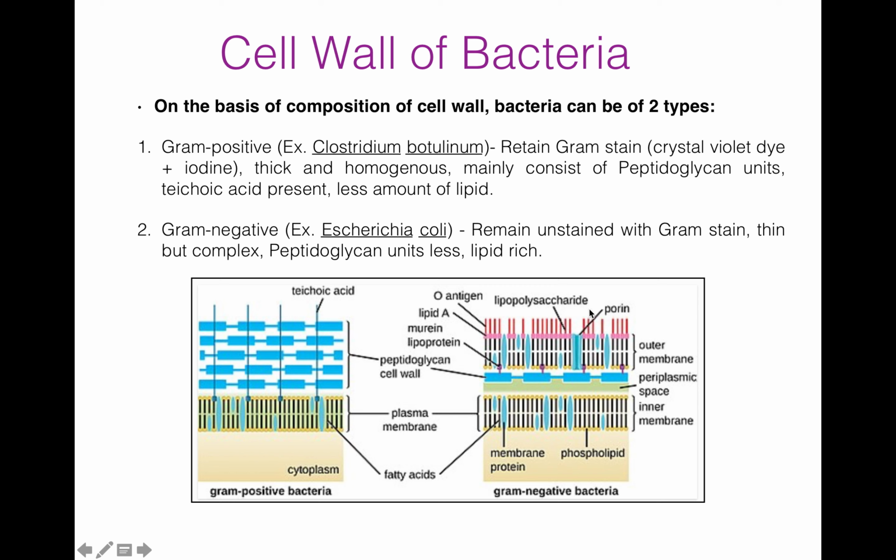Due to the presence of this outer membrane, the cell wall of gram-negative bacteria consists of two layers, the outer membrane and peptidoglycan. Just below the peptidoglycan layer, the cell membrane is present.